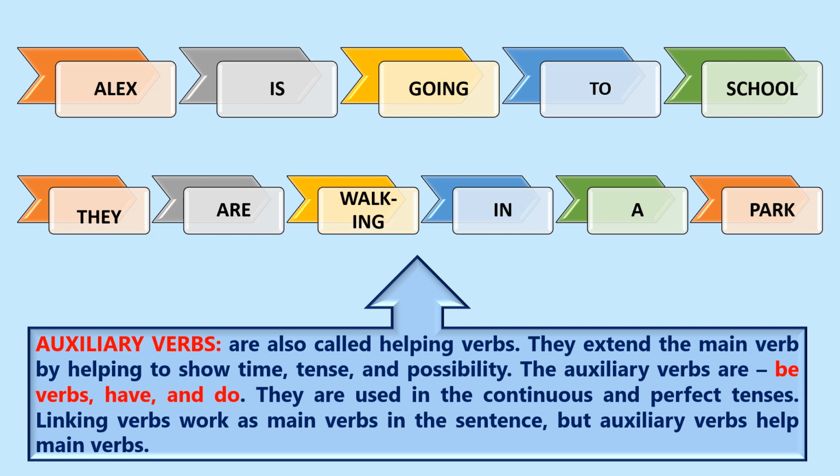Okay, so when I say is going, so this is an auxiliary verb. Are walking, are is the auxiliary verb. Is going, has gone, have gone. Will be going, walking.